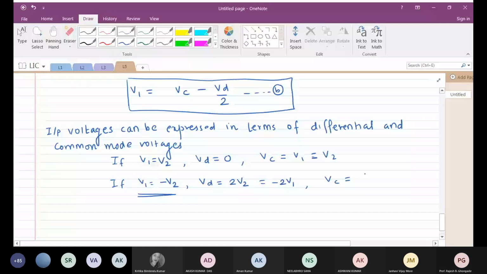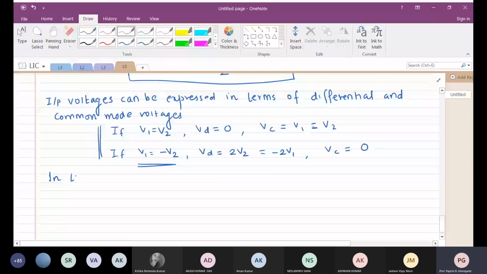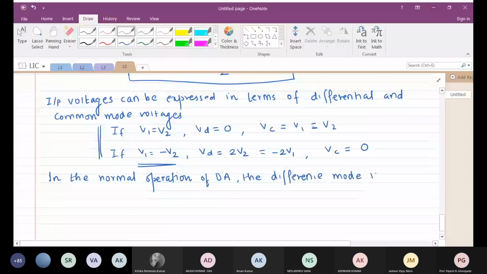These things are very important. In the normal operation of the differential amplifier, DA, I'm going to call it, the difference mode, or differential mode, is the desired signal. Very, very important.